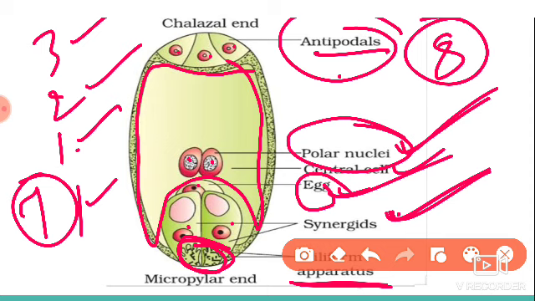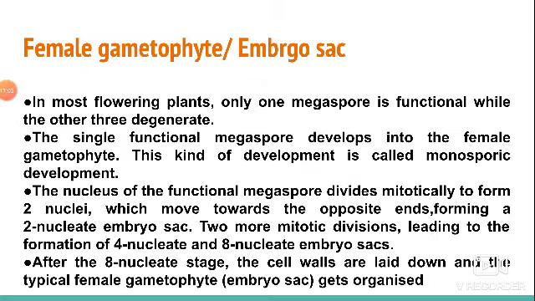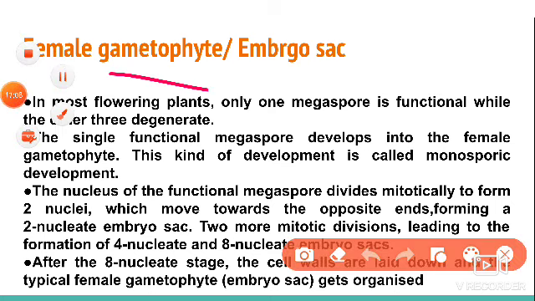Please go through the video and read your NCERT textbook. I think all the points given in the NCERT I have covered in this video lecture. These are all the points on the female gametophyte that I collected, point-wise, and whatever I explained now is present in this slide.